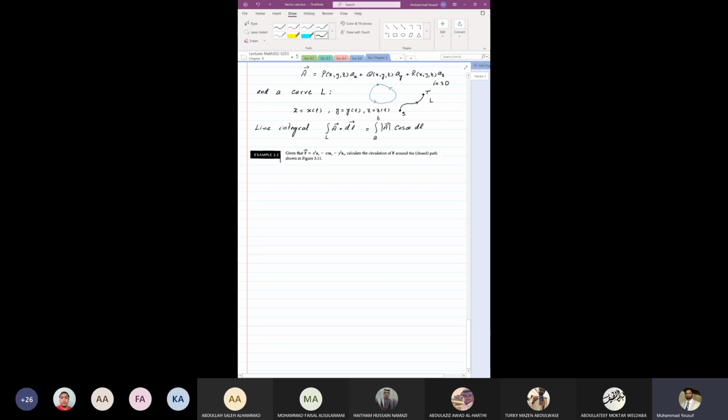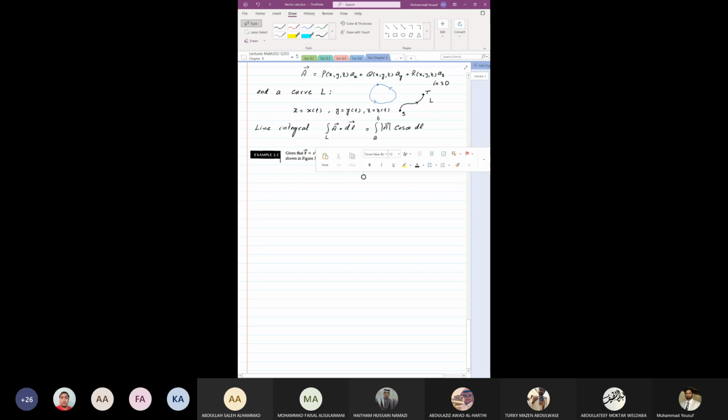They are saying it's circulation of F around the closed path. We are saying line integral of F around the closed path. And what is the closed path? They are not giving it by some equation, but it is given here by a figure.